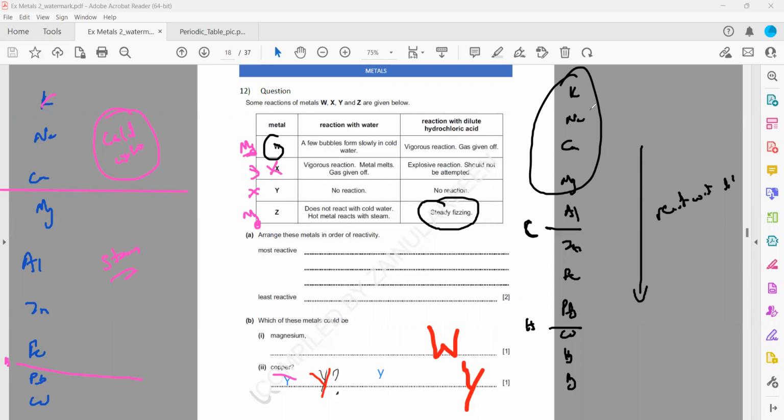Magnesium is on the higher side of reactivity, so it should react quickly. That's why W is the most appropriate, closest to magnesium. Magnesium is more reactive in acid than in water.